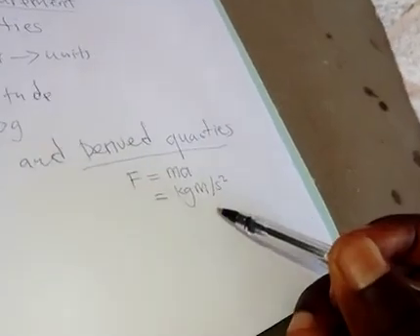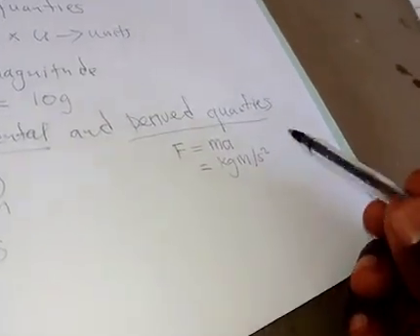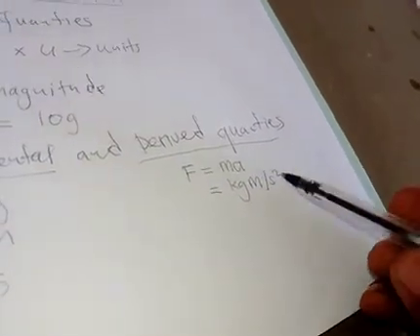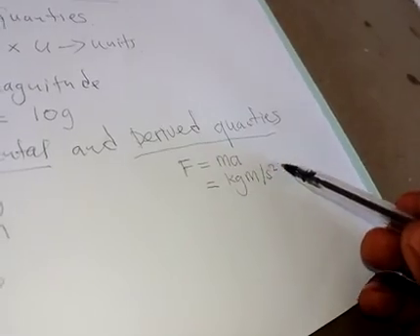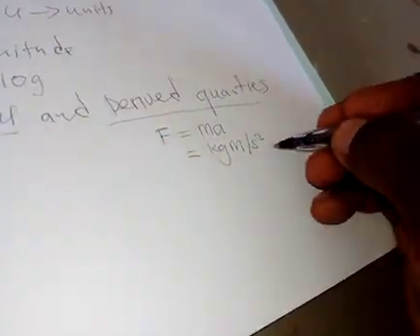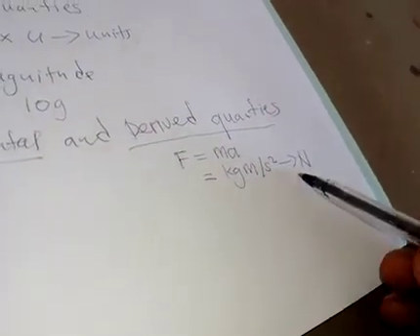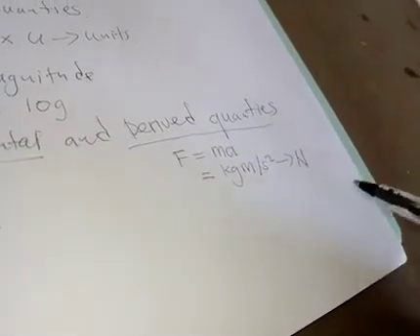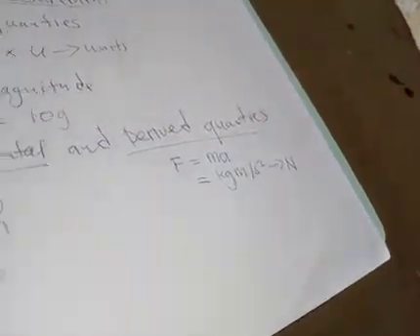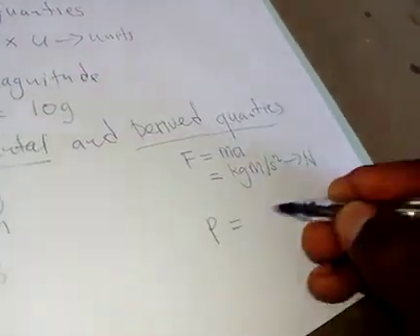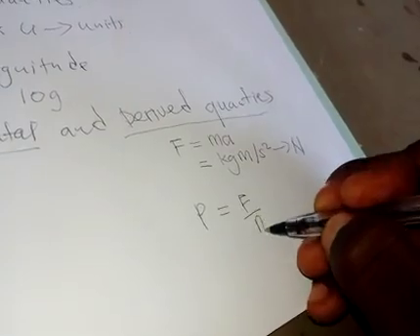Some of these derived units have special names. For example, the unit of force is the Newton. So kg meter per second squared is simply newtons, named after Sir Isaac Newton. We can give another example of pressure being equal to force over area.